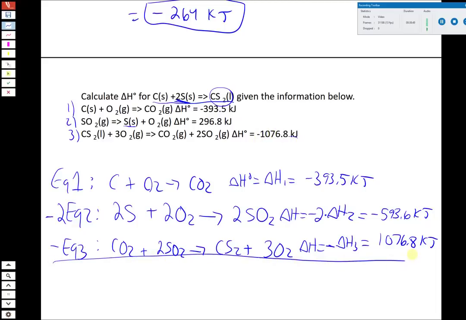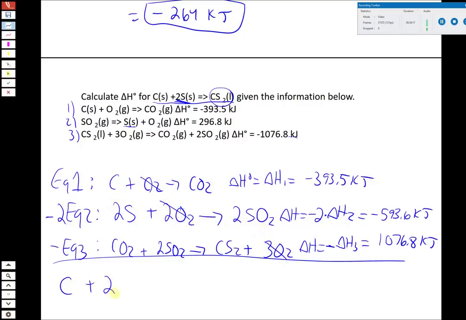Now we can add the three equations together and make sure that they add up to give carbon plus 2 sulfur going to CS2. On the reactant side we have carbon that carries through, O2 here plus 2 O2, that's a total of 3 O2s on the reactant side, but they're going to cancel with these 3 O2s on the product side. Again, anything that's on the reactant and product side cancels out.